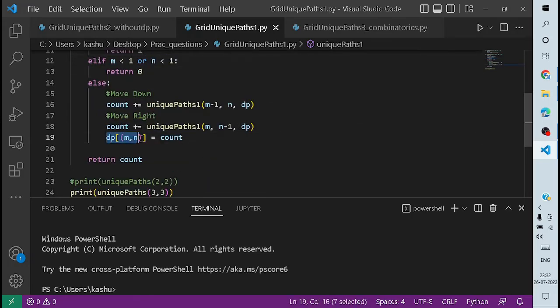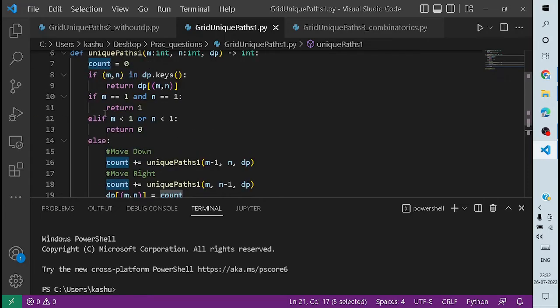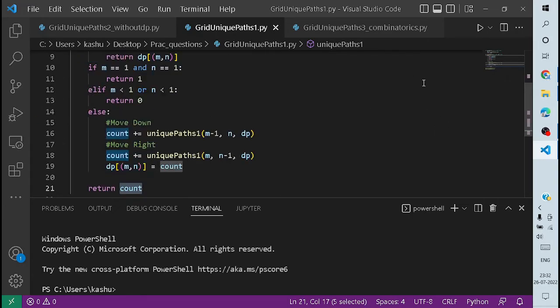So dp of m comma n, which is dp of 1 comma 1 would be 1 and we will be returning the count over here. So whenever return is encountered, whatever values of m comma n in the stack were there, those will be popped up and either this or this function would be executed.